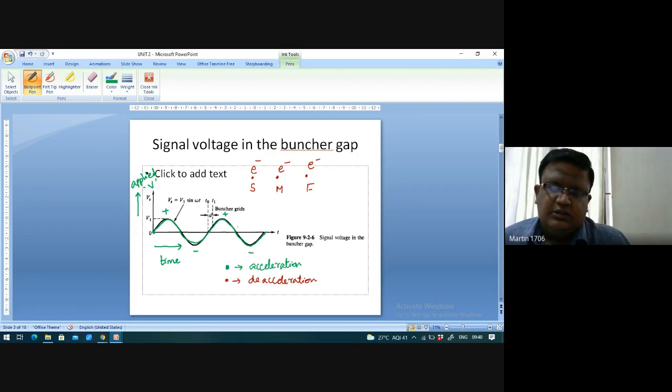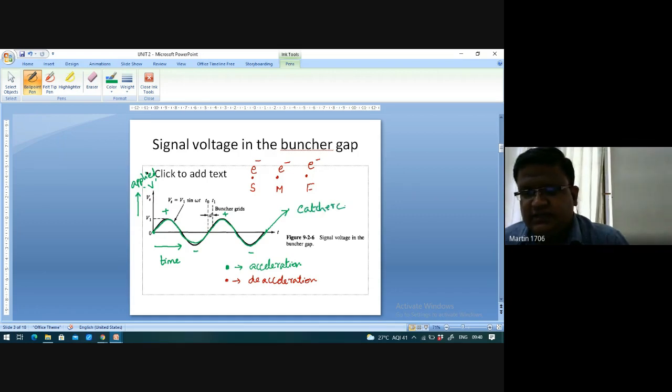Suppose this is the point at the catcher cavity. At the catcher cavity, what is the intensity level of the electrons? It is very high. Why?